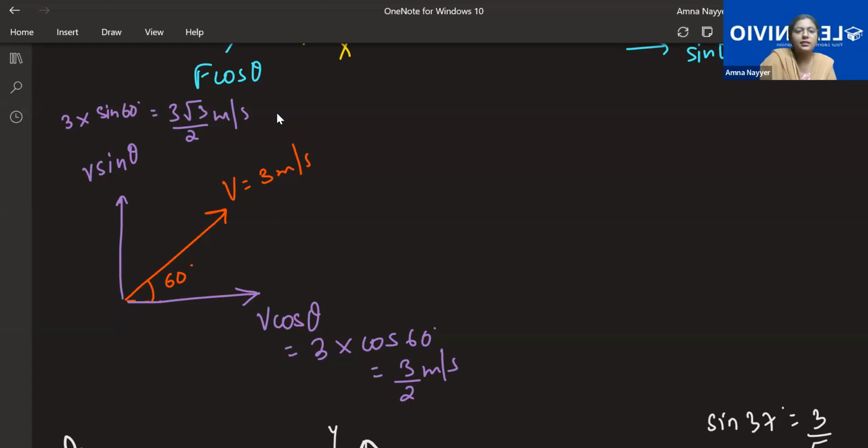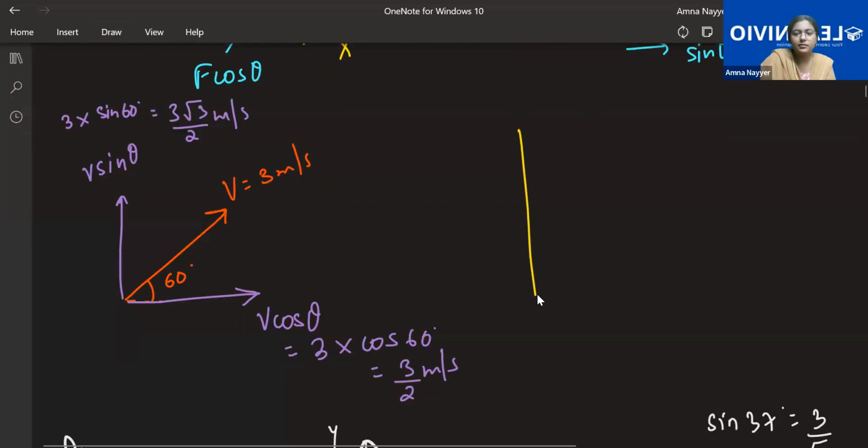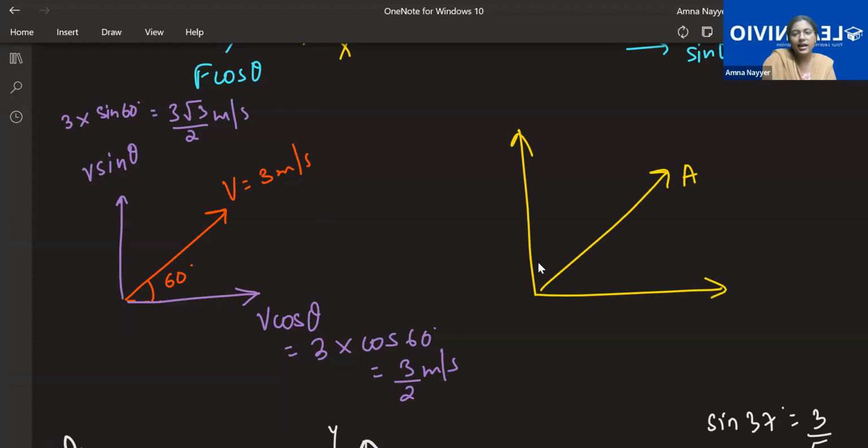What if I change the angle? Let's say I give you this. Let's say this is some vector A, with the x-axis and y-axis. So that you relate that this is not in terms of axis, it's always in terms of angle.